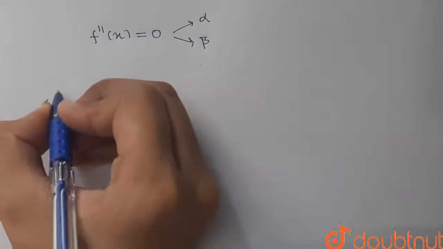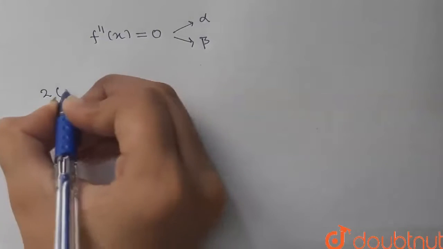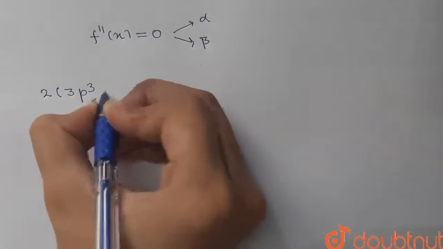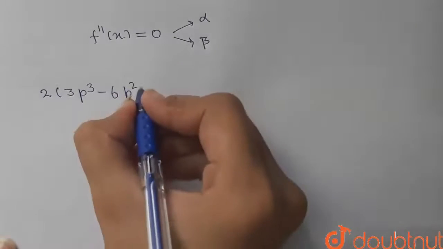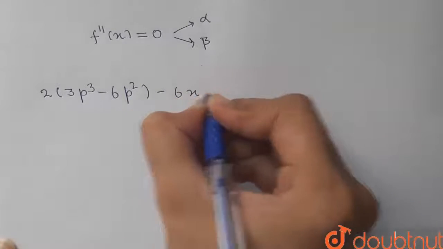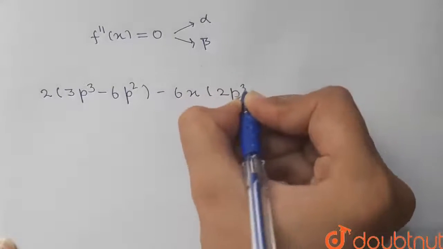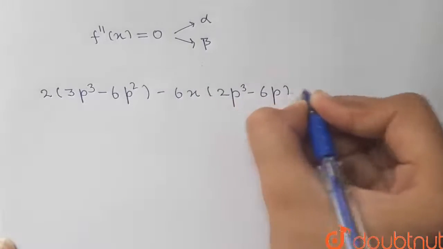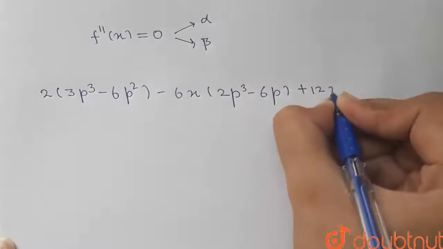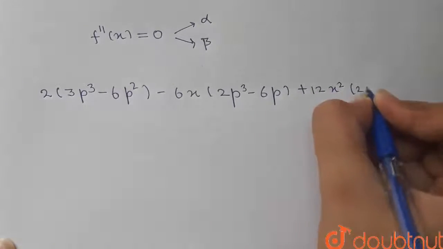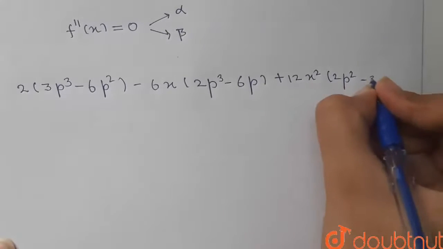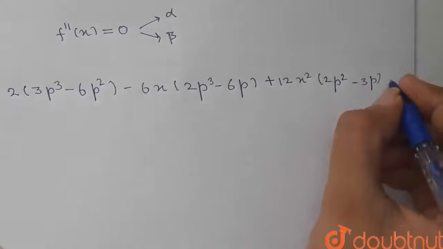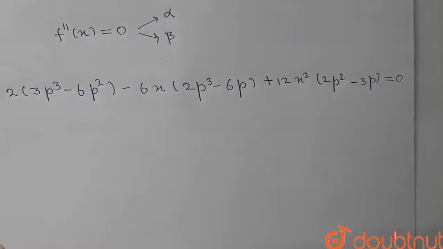That means 2 into 3p cube minus 6p square, minus 6x into 2p cube minus 6p, plus 12x square into 2p square minus 3p, will be equated with 0.